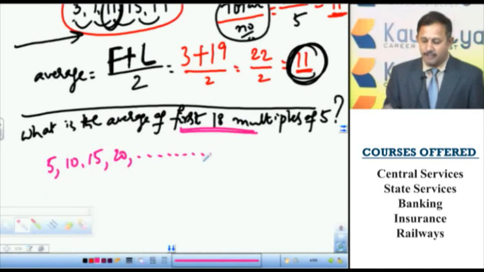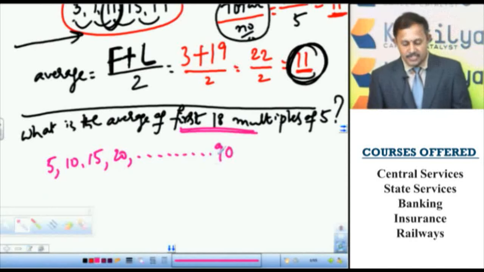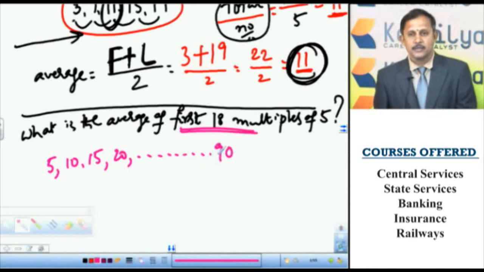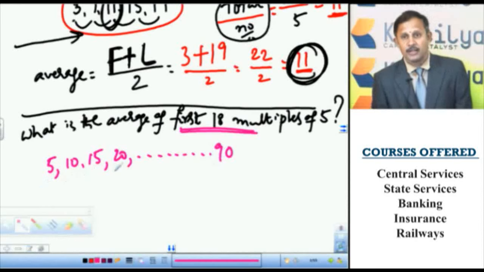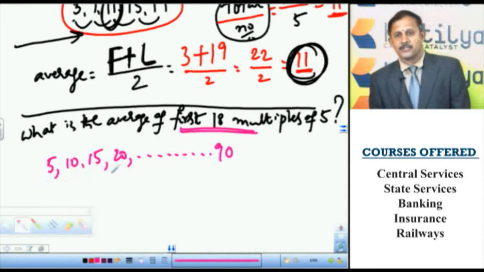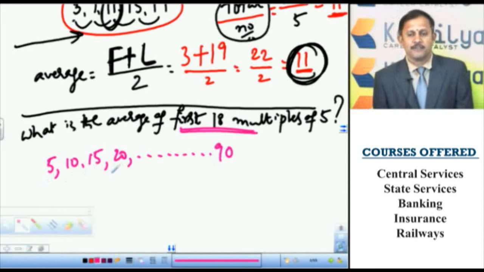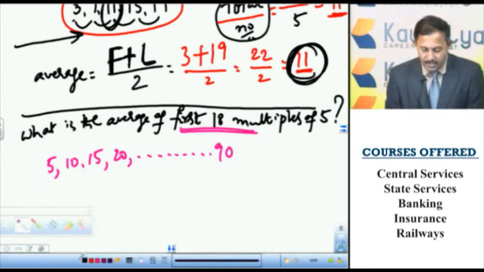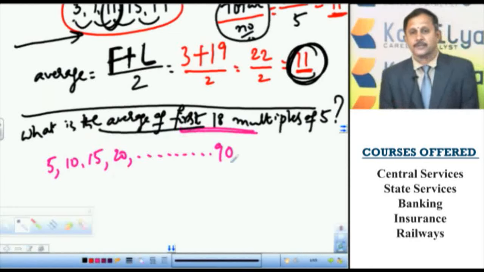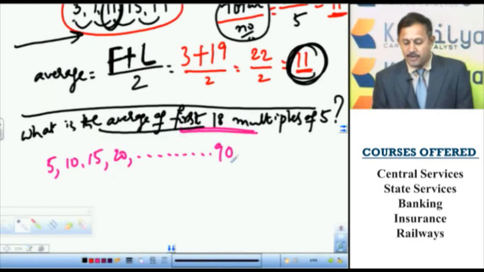That is 5 into 18, or simply 90. So these are the 18 elements which are the multiples of 5: 5, 10, 15, 20, like that. And here we are interested in finding the average of these elements. What is our general formula for average? We have to take the total of all these elements by number of elements.